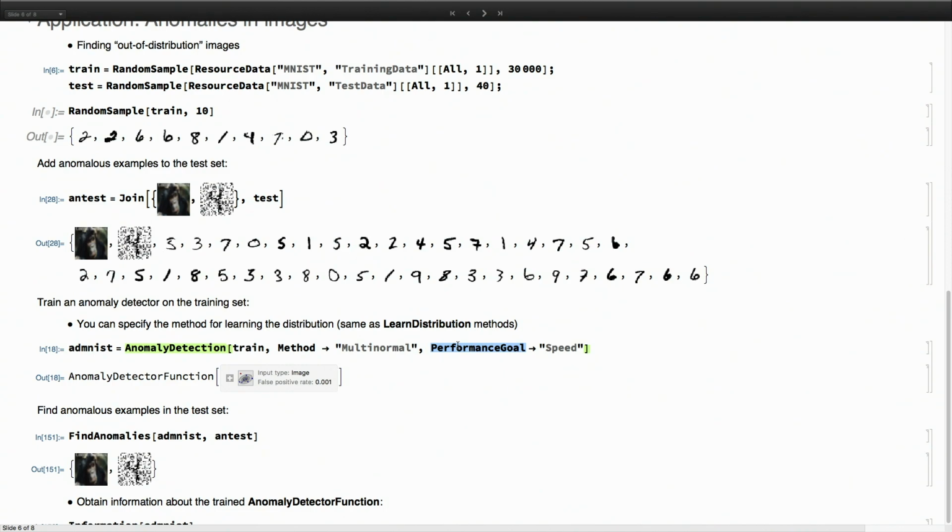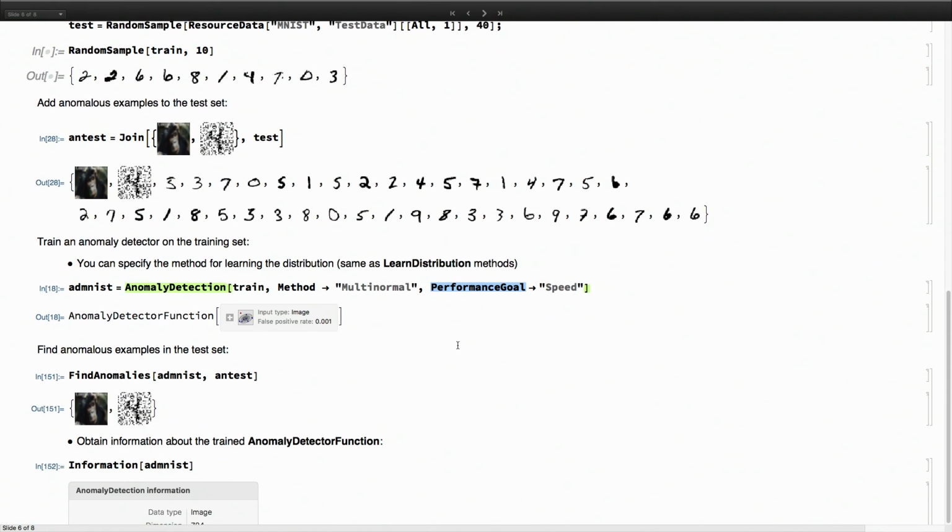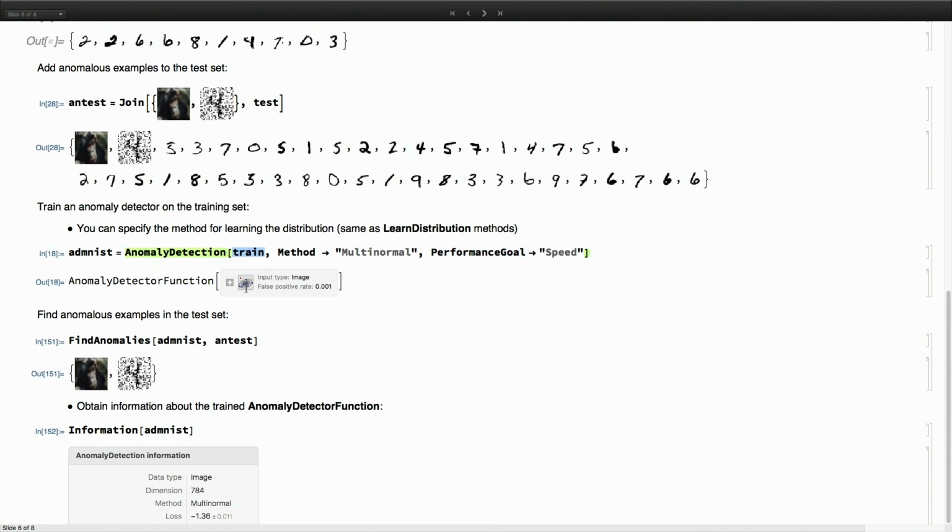At the core of the anomaly detection function sits LearnDistribution, and the methods are the same for learning the distribution. Then you can learn the anomaly detector function on your images, and you can use FindAnomalies on the test sets with the anomaly detector function that you trained.